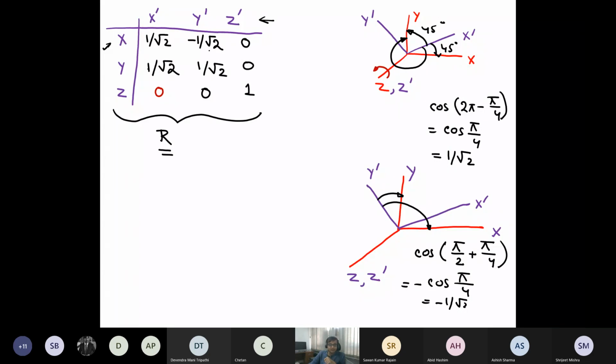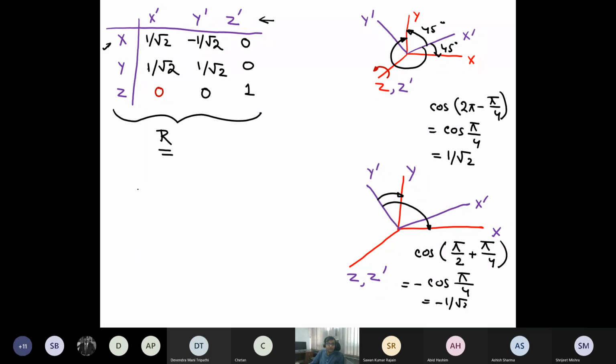So you have to be careful about how you define R. R is defined where the original coordinate axis is in the rows and the new coordinate axis is in the columns. If you don't do it, you will get a wrong answer. So this is my R matrix.